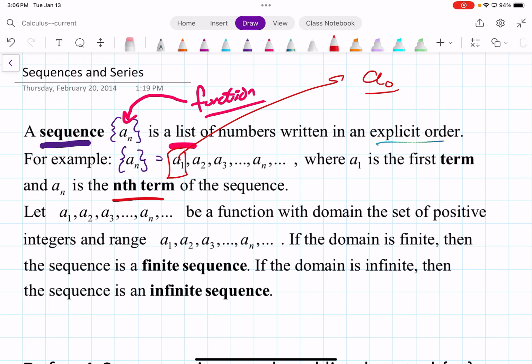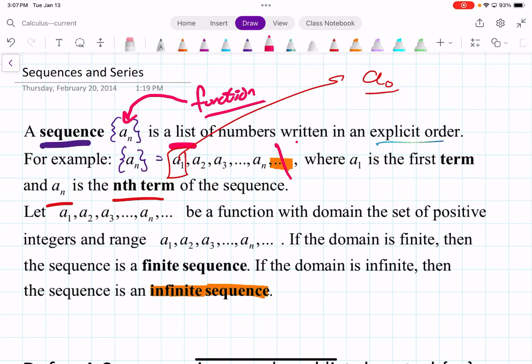So the nth term is a sub n. That's just the subscript, a sub n, okay? And we have a couple possibilities here. When you see this dot, dot, dot, we're literally saying it goes on forever, so that's infinite, okay?